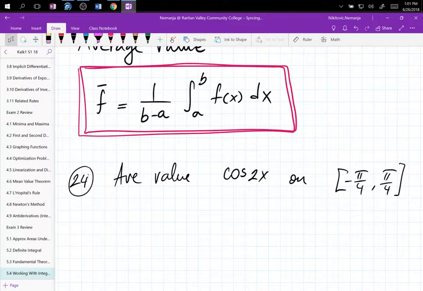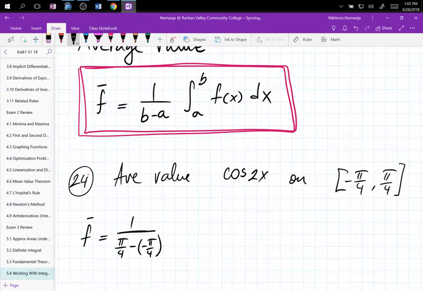All right, so that's going to be f average is equal to 1 divided by pi over 4 minus negative pi over 4, that's b minus a, integral from negative pi over 4 to positive pi over 4 of cosine 2x dx.